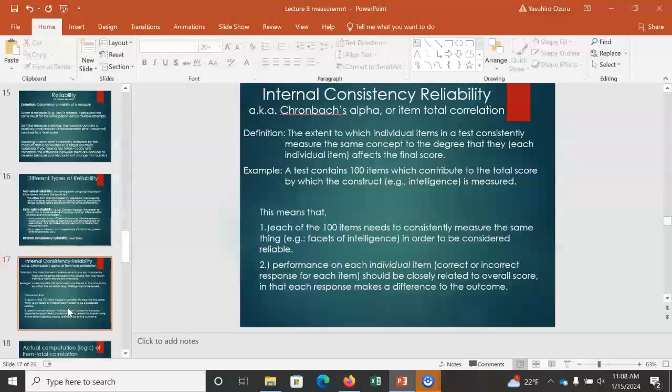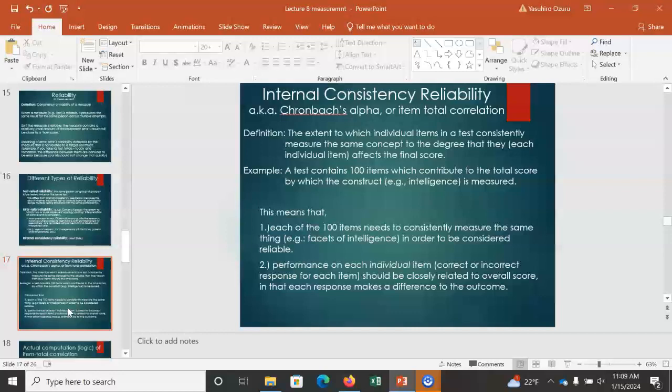So if the overall score is high, then each individual score measured by each individual question should also be high. Mathematically, there should be high consistency, or high positive correlation, between individual scores and the overall score. So that is the internal consistency reliability.